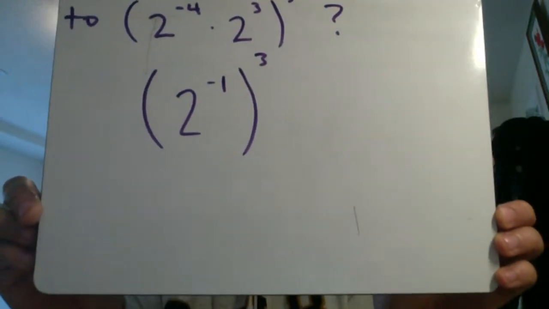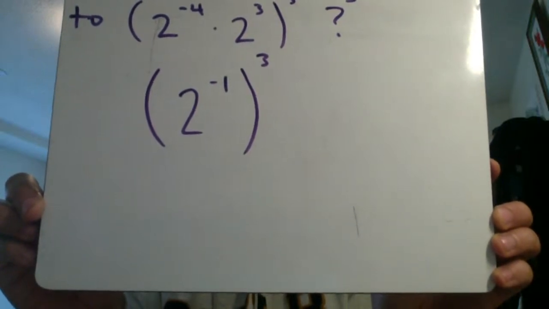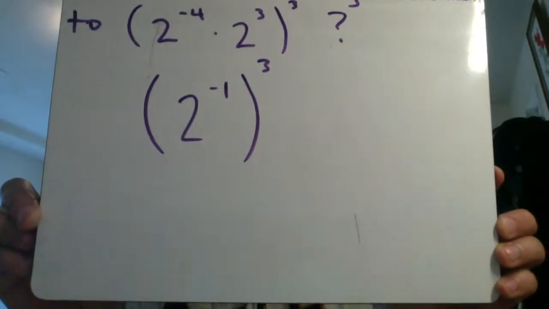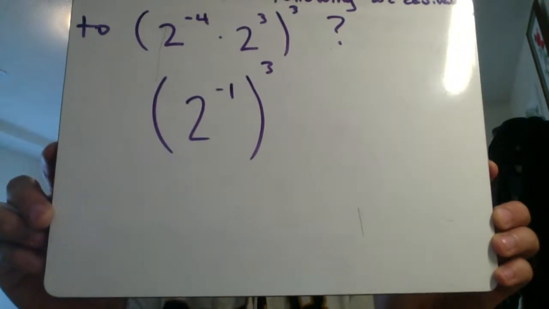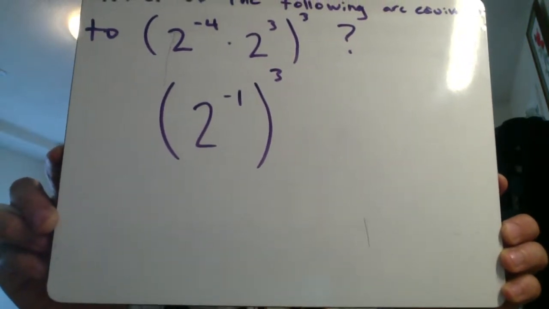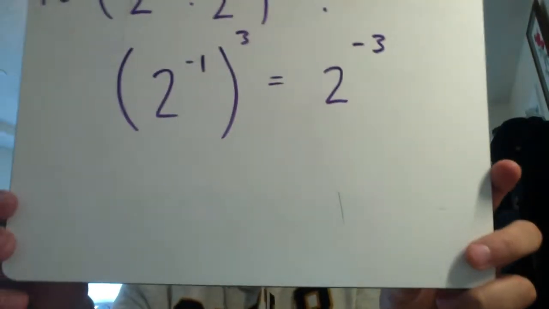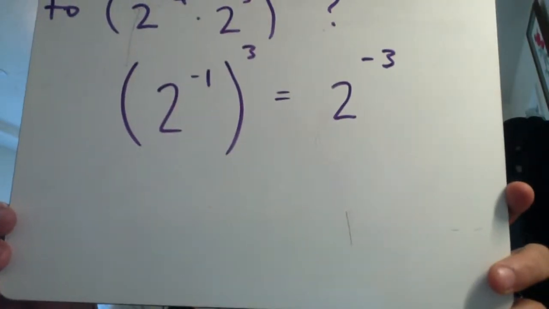Now 2 to the negative 1 is inside of these parentheses, and when we use the power rule, we're going to say this is 2 to the negative third. That equals 2 to the negative 3 power.